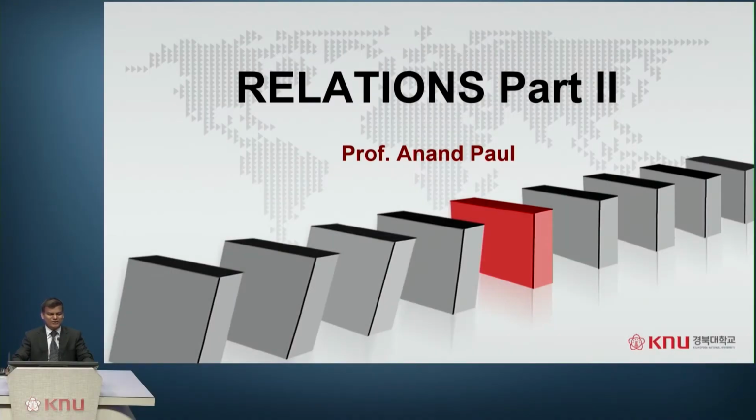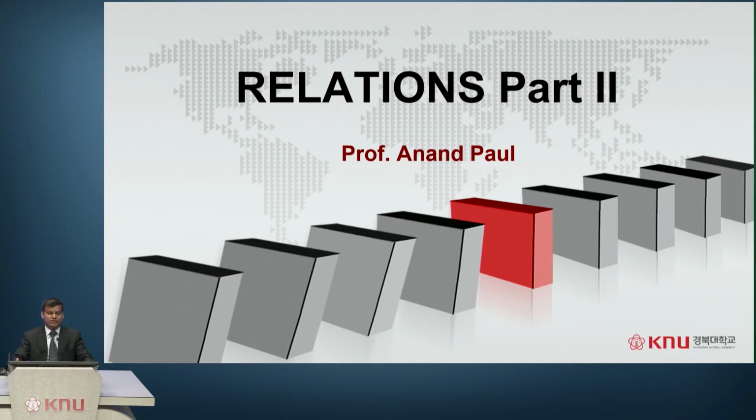Welcome back to this course, and we are still dealing with the relations in our discrete mathematics course. In the previous lectures, we have seen what a relation is and how relations are related to sets, as well as the differences and similarities with functions. You have seen 6 different types of relations.